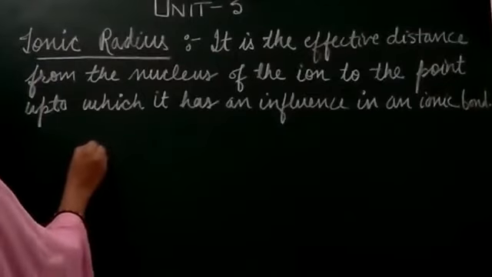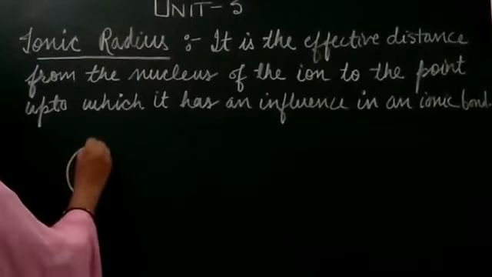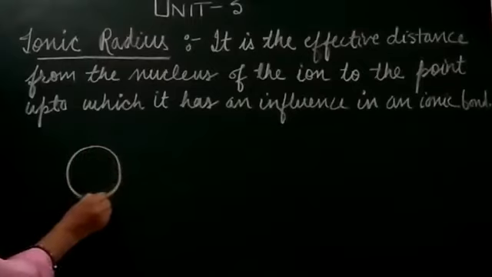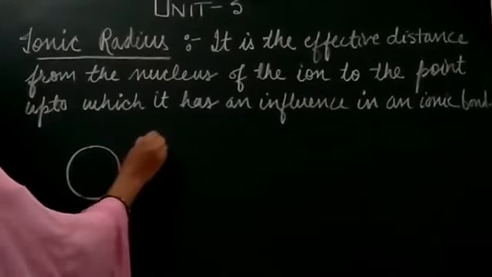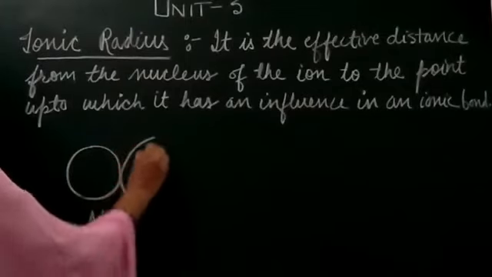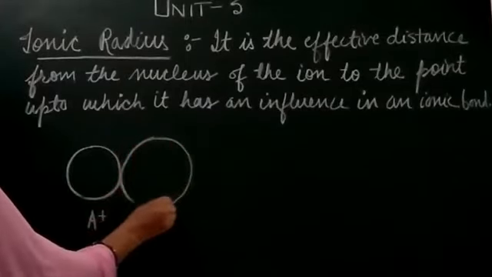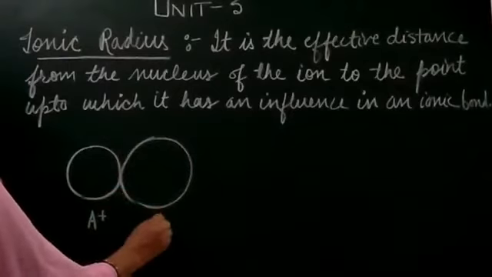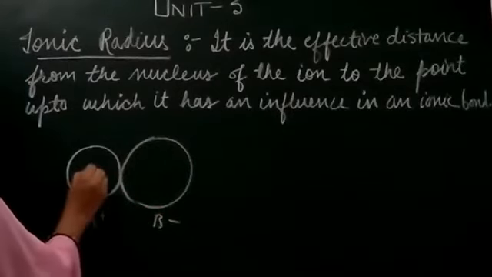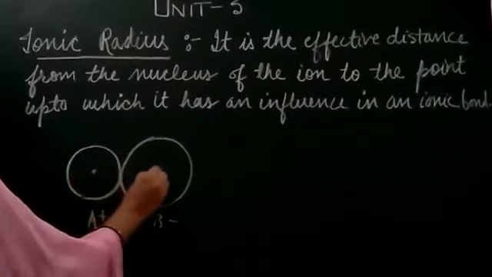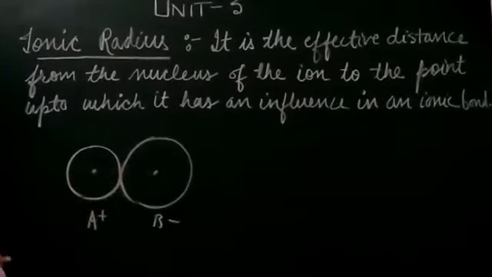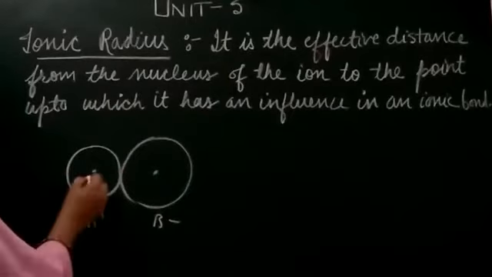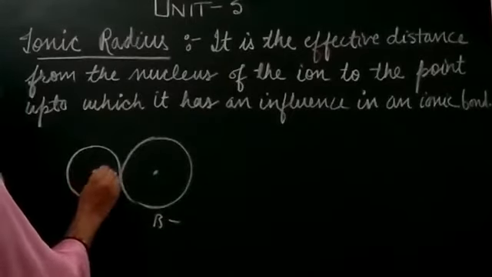Now, if we consider this as a cation, right students? So here let it be A plus. This is a cation, and this is an anion, right? Now, this is the nucleus of their atom, or now they are the ions, right? Now, the influence of it.